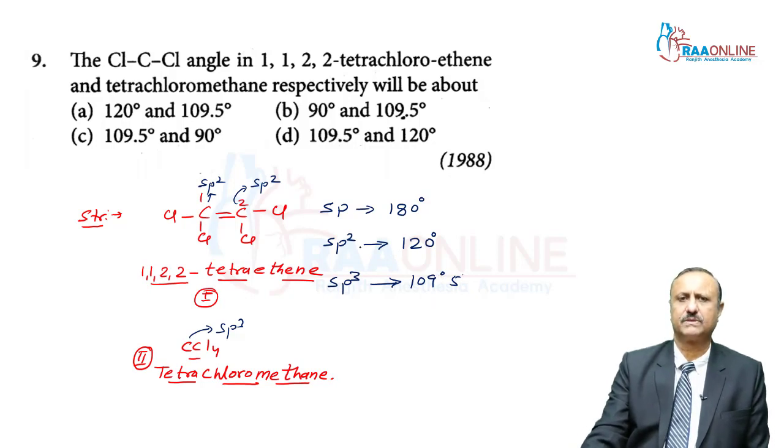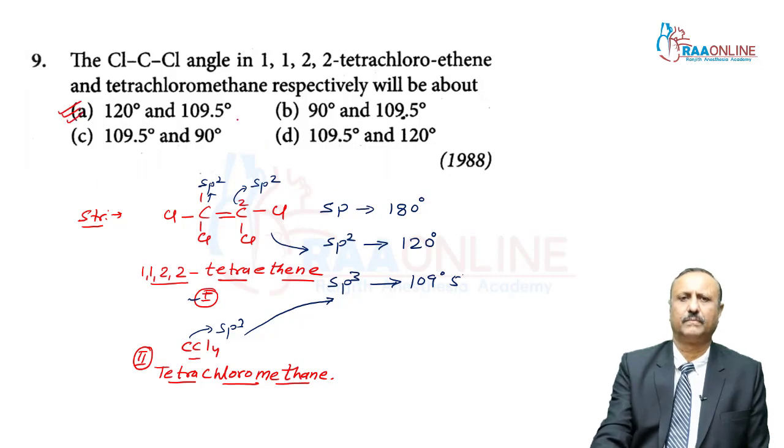So my dear students, the first compound is tetrachloroethene, because in this compound a double bond is present, so it is planar and the hybridization is sp2. Here sp3 hybridization is present, in tetrachloromethane. So the angles are 120 degrees and 109 degrees 28 minutes. So my dear students, your answer will be A.